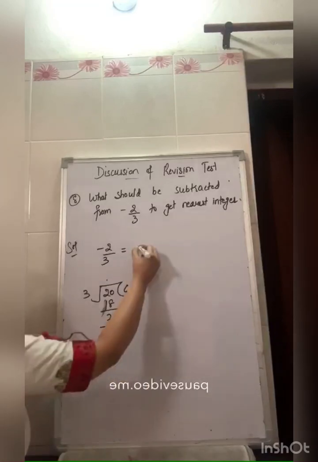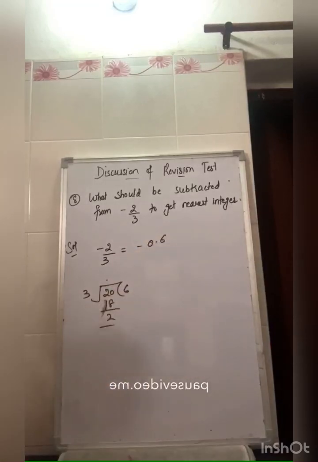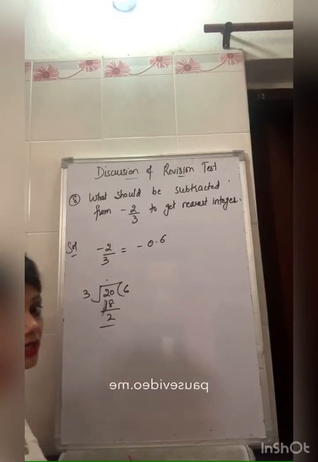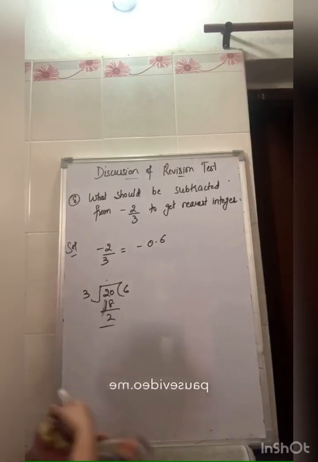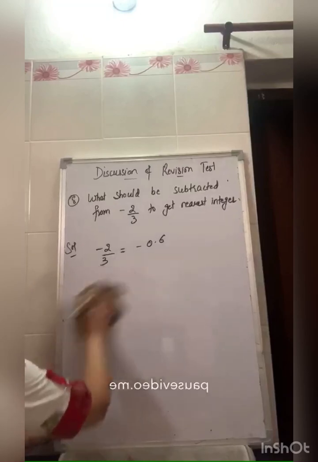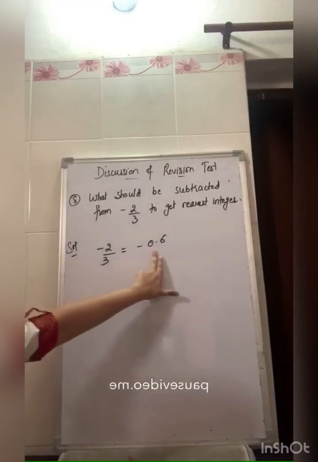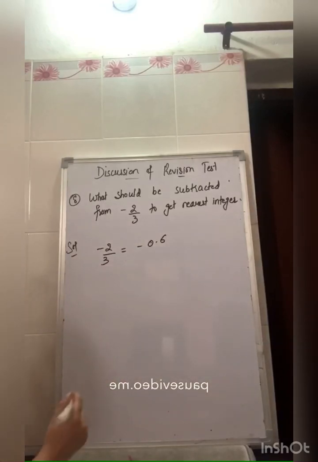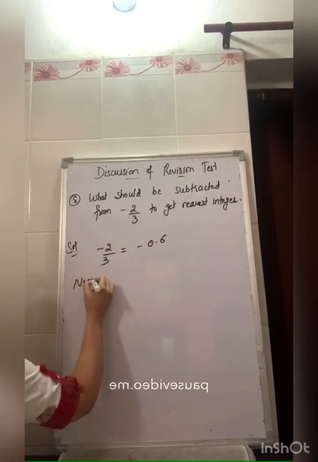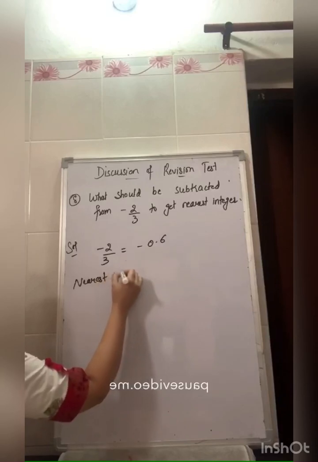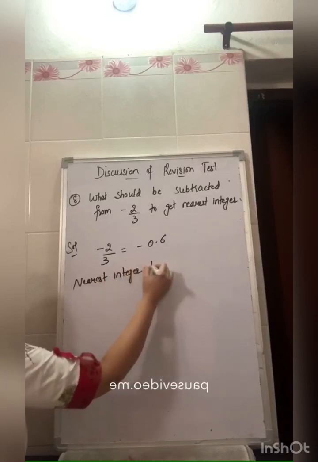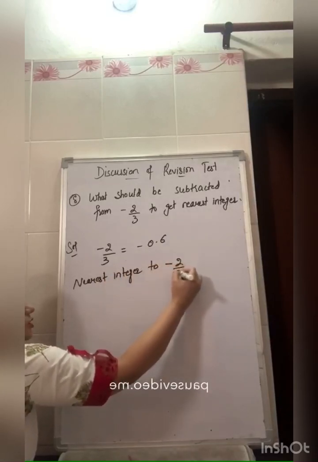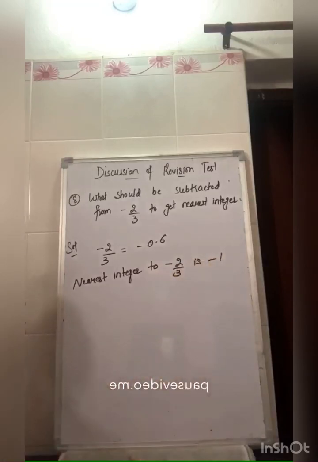So we can see that -2 by 3 is approximately equal to -0.6. So it means the nearest integer to -0.6 is what? It is minus 1. So the nearest integer to minus 2 by 3 is minus 1.